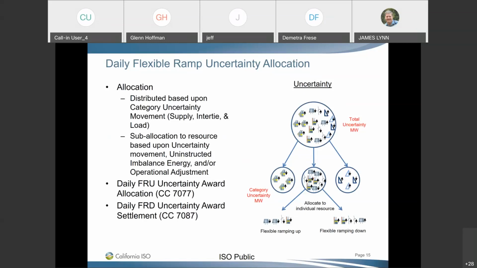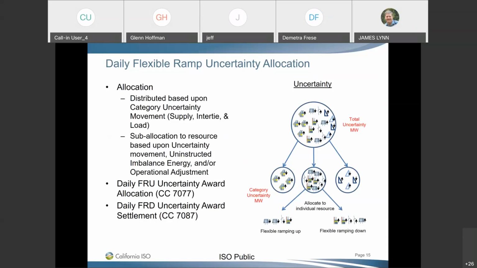So we should have an allocation of load UIE to the load resources. I didn't have a UIE, so we have a secondary backup neutrality allocation, and that's to measure demand.